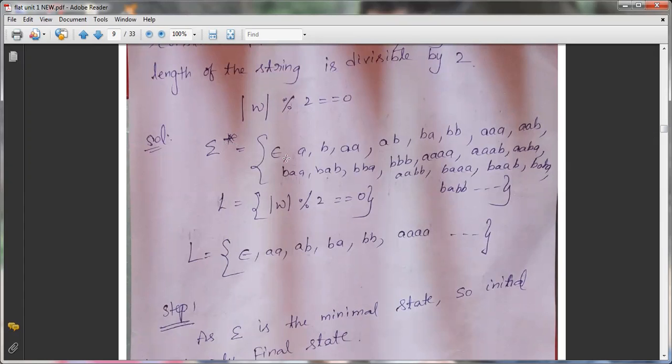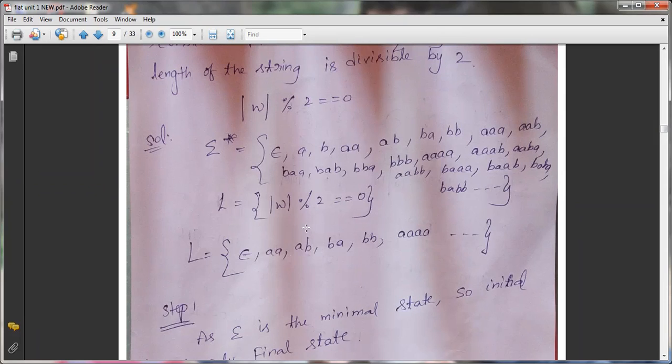So that will be epsilon, a, b, ba, all the strings related to a and b. Okay. So the language we need is the one where the length should be divisible by 2.